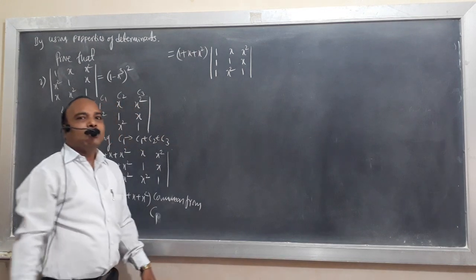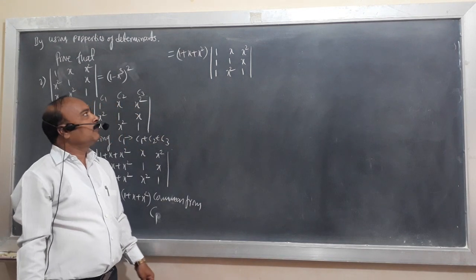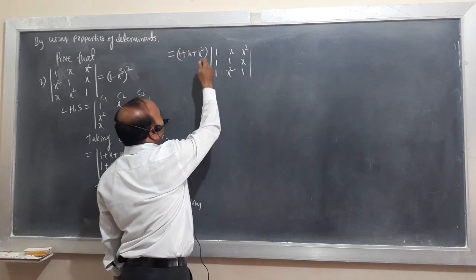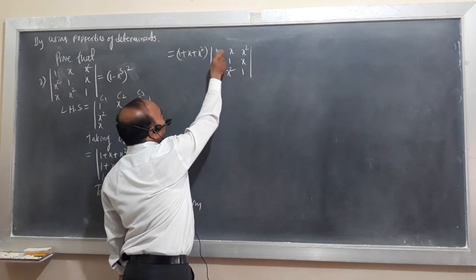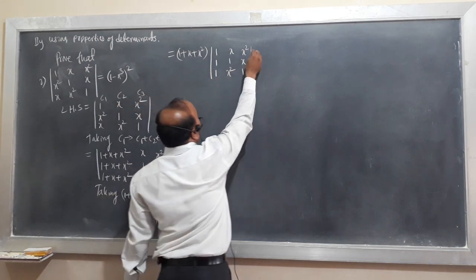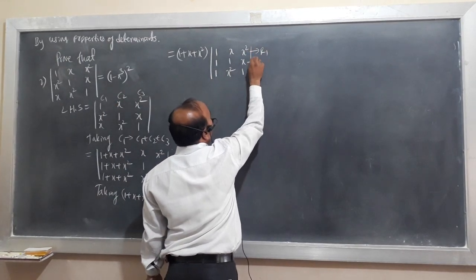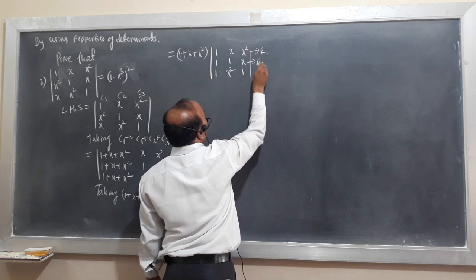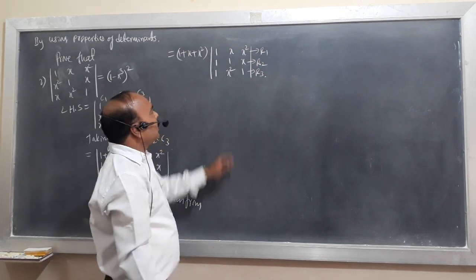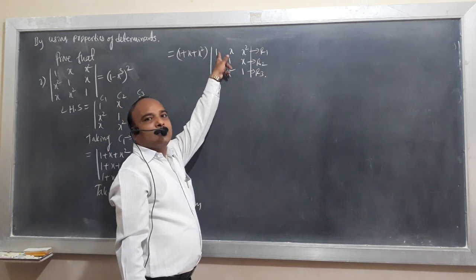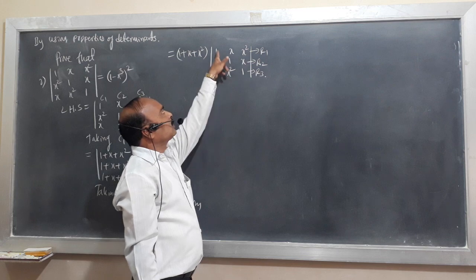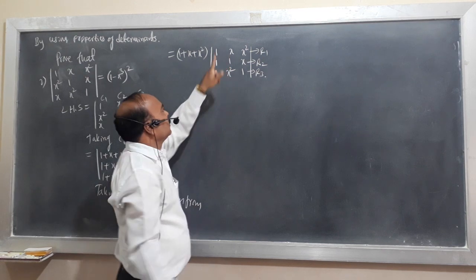Now after getting 1 1 1, we try for zeros. Here we make two zeros by taking this minus this and this minus this. That is R1, R2, R3. If we take R1 minus R2, we get 1 0, and R1 minus R3 also gives 1 0.